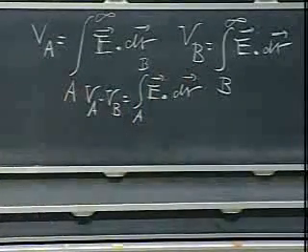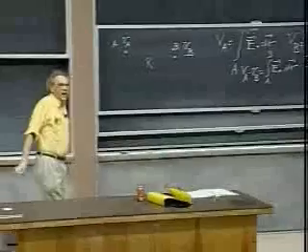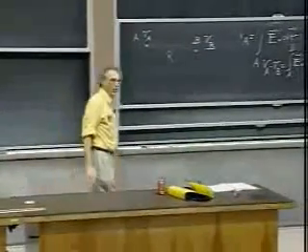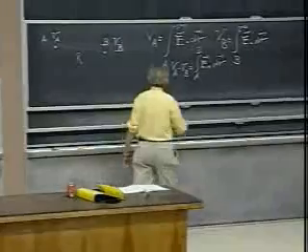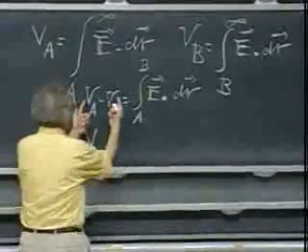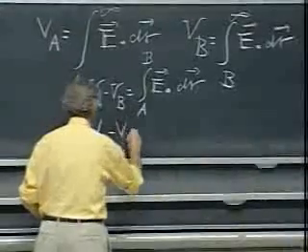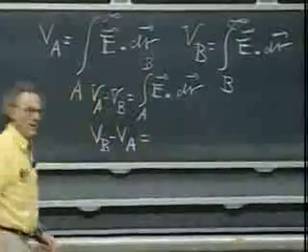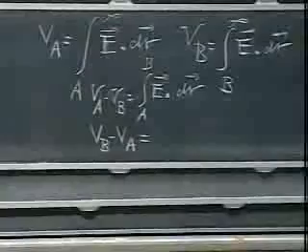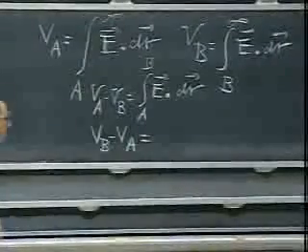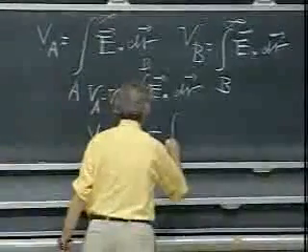And for reasons that I still don't understand after having been in this business for a long time, books will always tell you they reverse VA and VB, so they give you VB minus VA, and then they say, well, we have to put a minus sign in front of the integral. It's the same thing. So books always give it to you in this form.